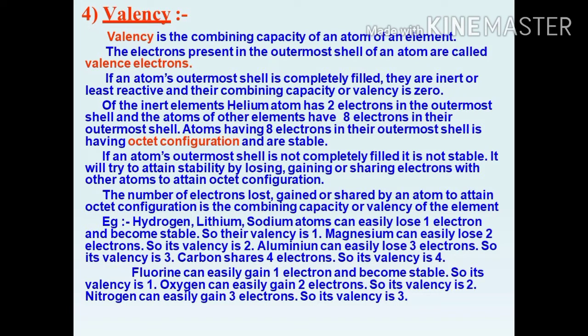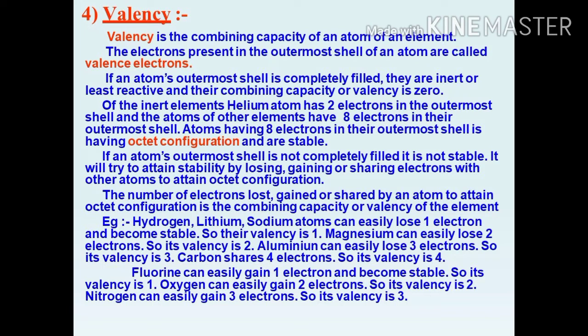Here we can see the difference between valency and valence electrons. Valency is the combining capacity of an atom of an element. The electrons present in the outermost shell of an atom are called valence electrons.